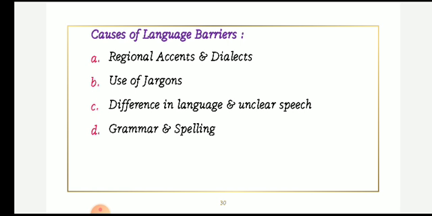For example, take communication between a doctor and a lawyer. Doctors generally use their own terminologies while communicating, and general people or others who are not from the health profession will not understand all the words told by the doctor.